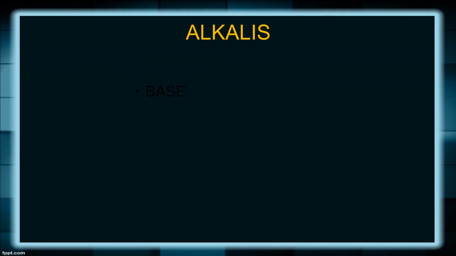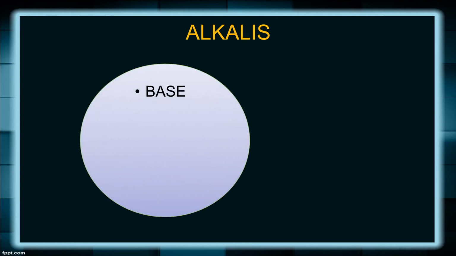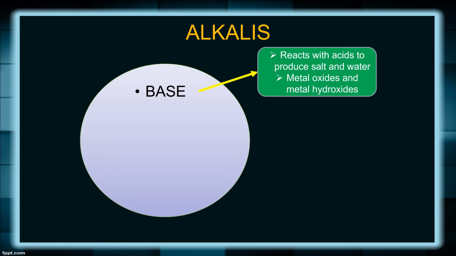Alkaline. What is alkaline? As we learn on alkali, you have to know the clear differences between base and alkali. Base. Now, what is base? Base is a chemical substance that can react with acid to produce salt and water. Mostly, metal oxide and metal hydroxide are base.